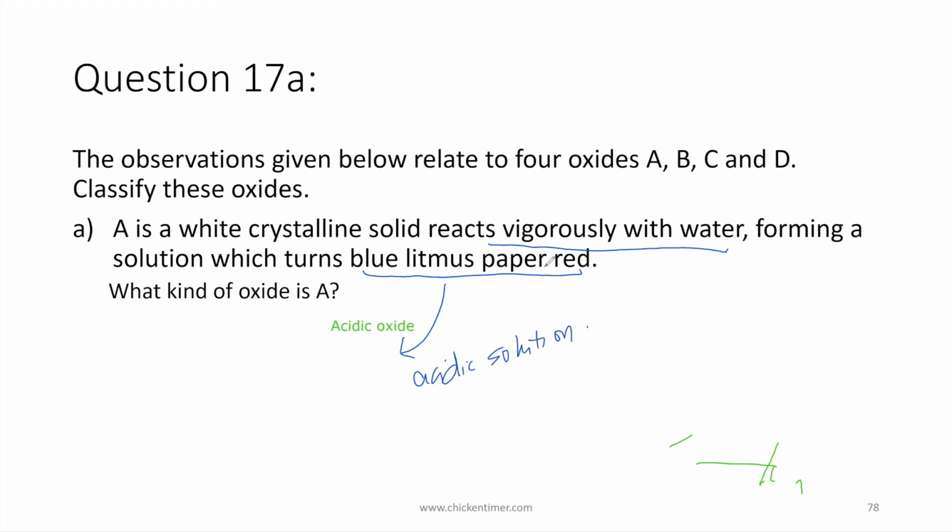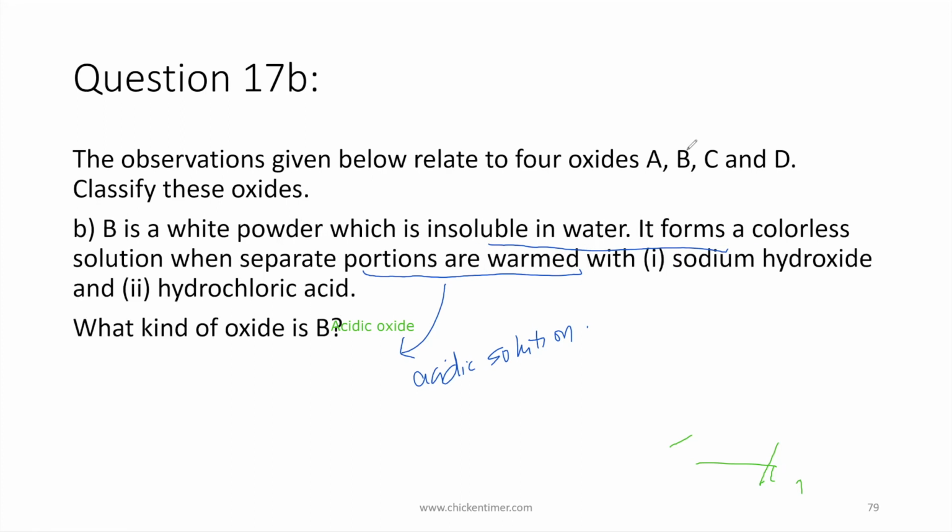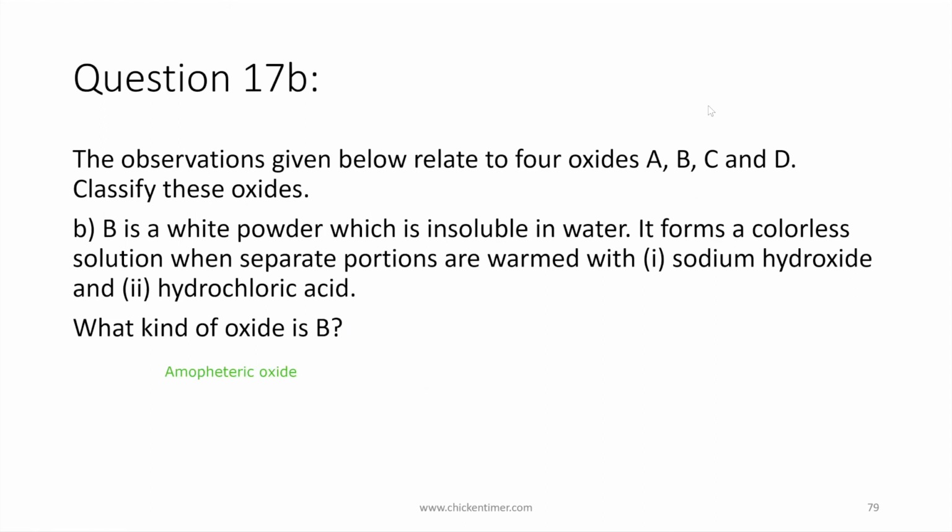So A, a crystalline solid that is able to react with water to produce an acidic solution, must be an acidic oxide. It's because it reacts with water to produce a solution that's acidic. So that's why A is an acidic oxide. Part B. So you have another oxide. Okay, why is it an amphoteric oxide?